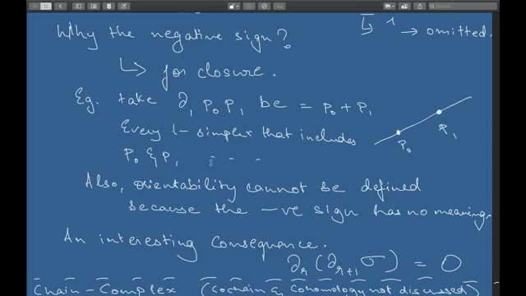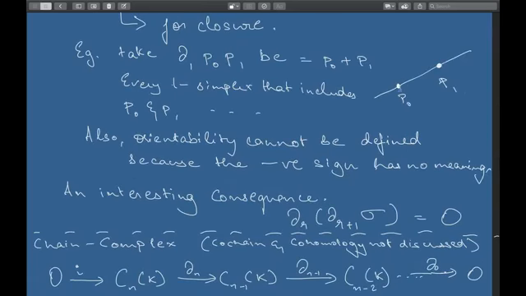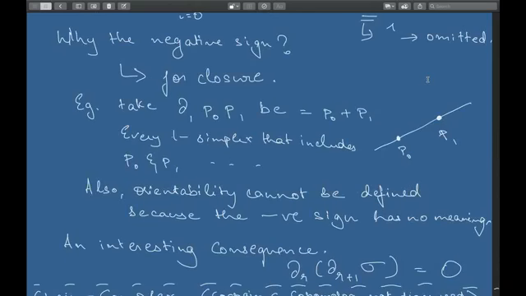However, when you take the difference between the two, two things happen. One, it gets cut off to p1 and p2 strictly. Secondly, it also gives you the negative sign, which helps with the orientability or the orientation, right?